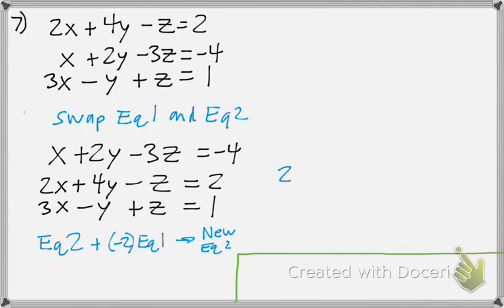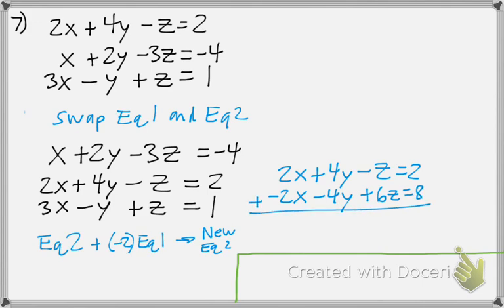That's going to be 2x plus 4y minus z is equal to 2, and -2x minus 4y plus 6z is equal to 8. If I add those up, the x's go away and the y's go away, and I'm left with 5z is equal to 10.